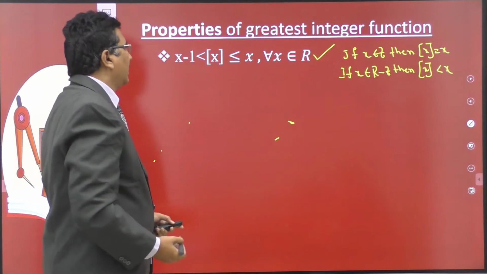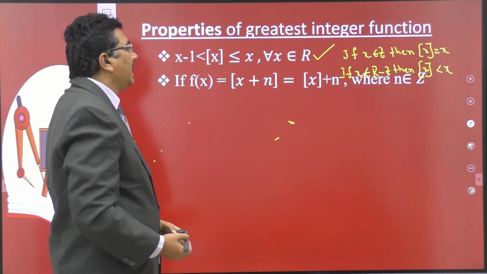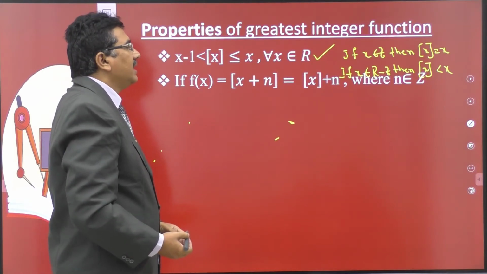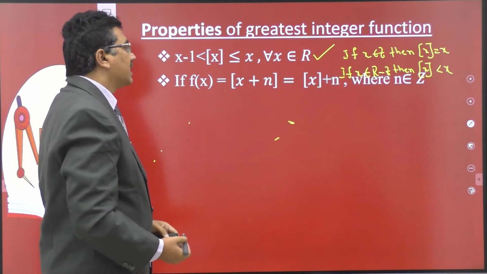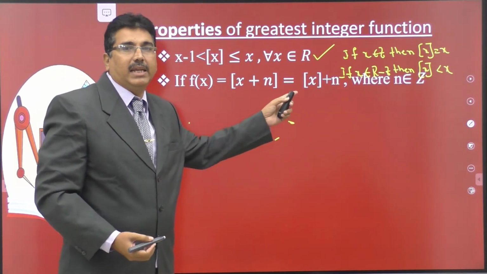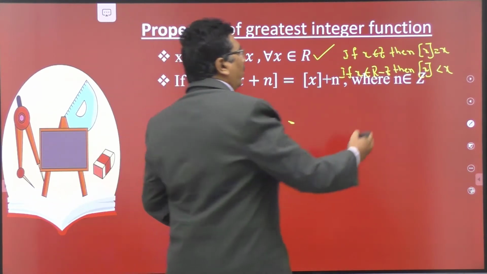Right? Now, the second one: box of x plus n is equal to box x plus n. This is possible only when n belongs to Z. That is very important.